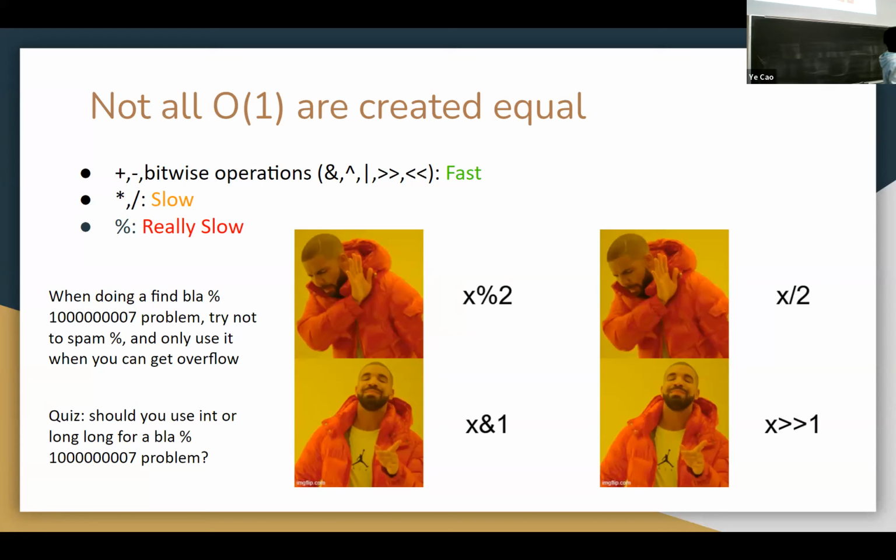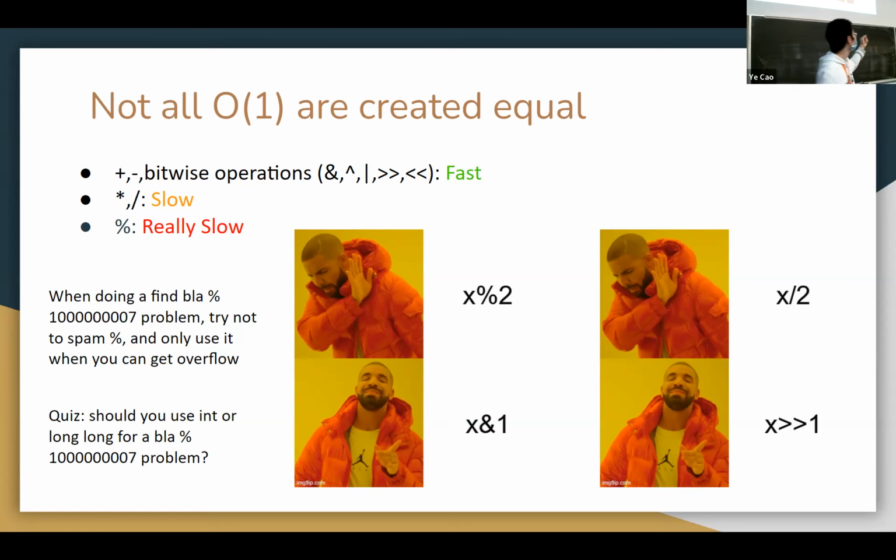Because the prime 10 to the 9 plus 7 is so famous, when you see a 1, a bunch of 0s, and a 7, you might just assume it's 10 to the 9 plus 7. But sometimes it might not be. I have personally seen a problem where it was 10 to the 8 plus 7, and in the comment section of that problem, people were mad, right? So my advice for you is to be careful counting the zeros, or another way, just simply copy the number from the problem and paste it in your program.